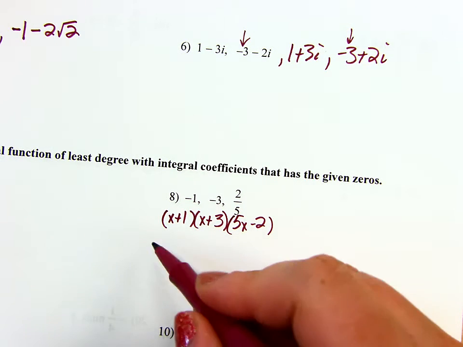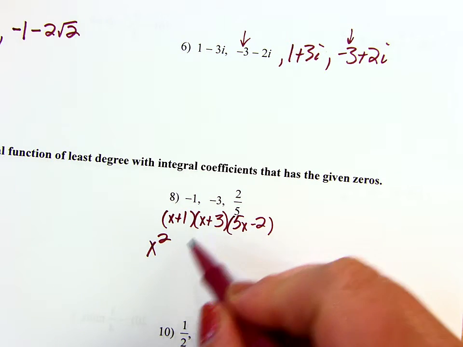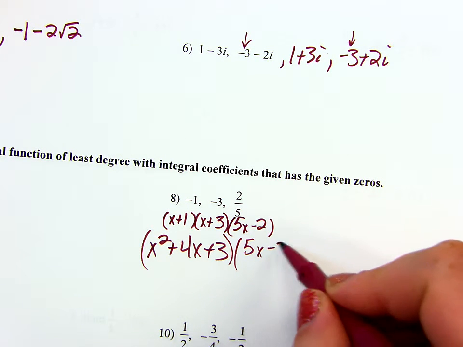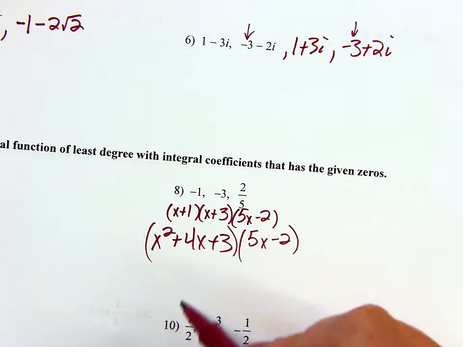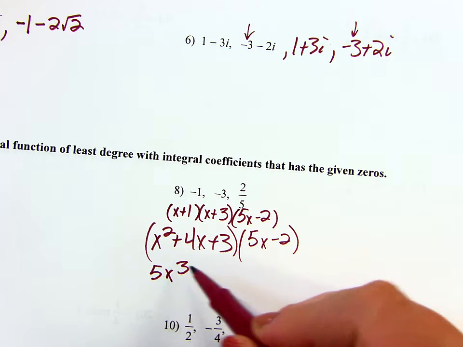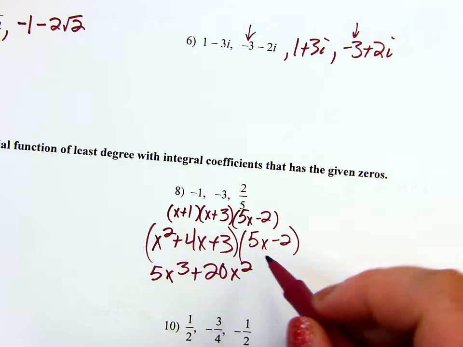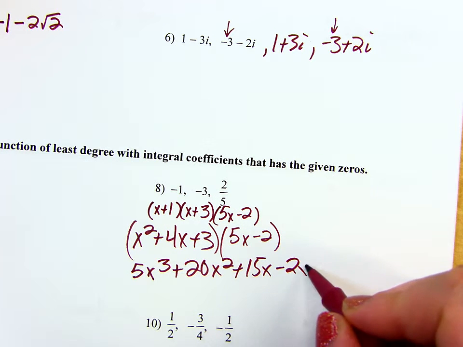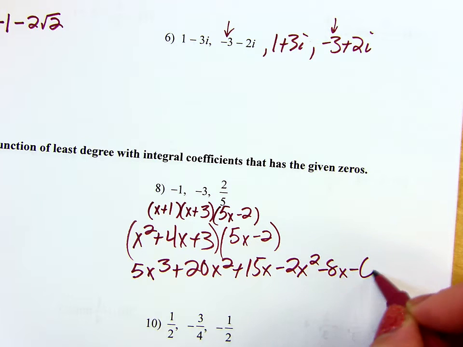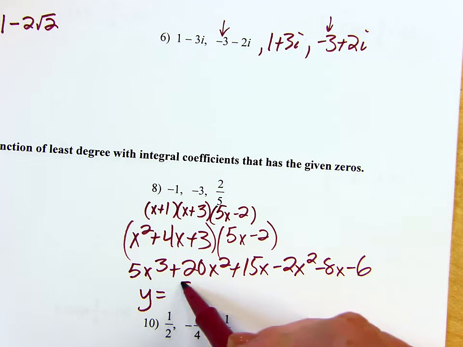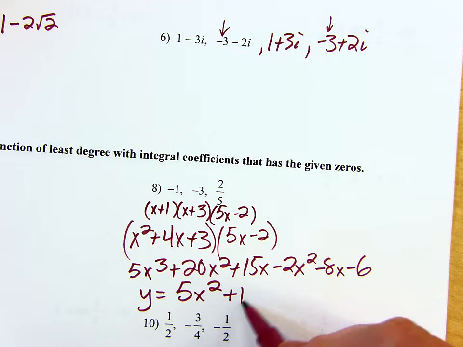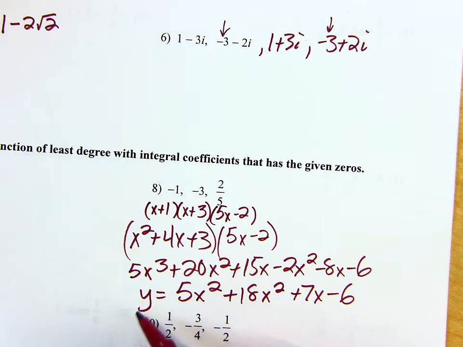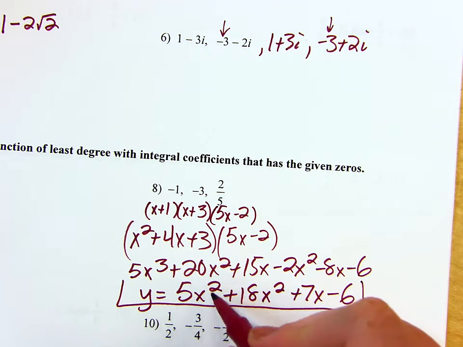So I would FOIL the first 2 together, and then I just need to multiply it by the 5x minus 2. That's all you do. That's it?